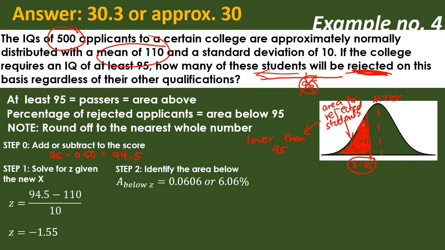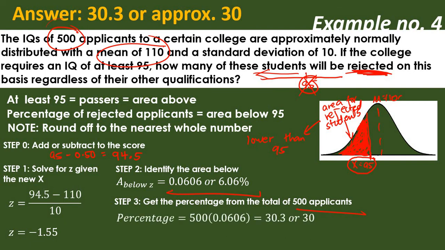And we can use this probability or area to know exactly how many students will be rejected. We already have a total, which is 500. So for step 3, get the percentage from the total of 500 applicants. We already know how many percent will be rejected, and we already know what's the total. So it's just a matter of getting their product.